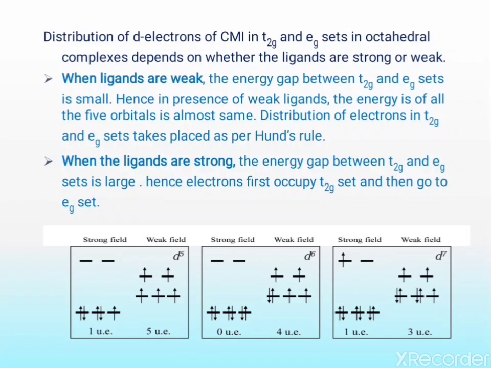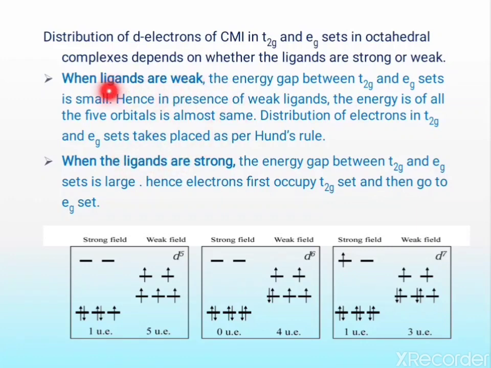Distribution of d electrons into T2g and Eg sets of orbitals depends upon whether the given ligand is strong or weak. By knowing whether the ligands are strong or weak, we can distribute the electrons to the T2g and Eg sets of orbitals. There are two cases.